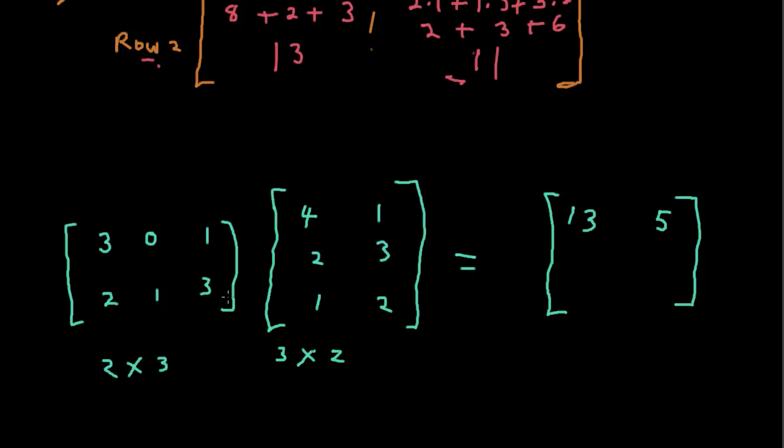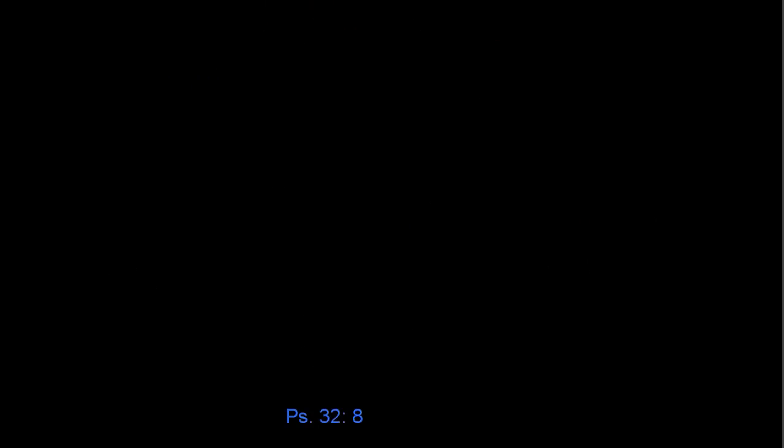Second row, first column, when you multiply and add those together, 8, 2, 3 will go into the second row, first column, and second row, second column, 2 times 1, 1 times 3, and 3 times 2. Add those together and we get 11. So that's what it looks like in real time.